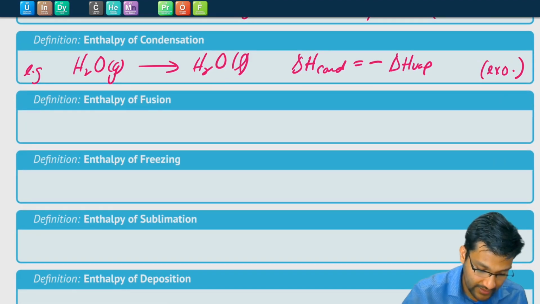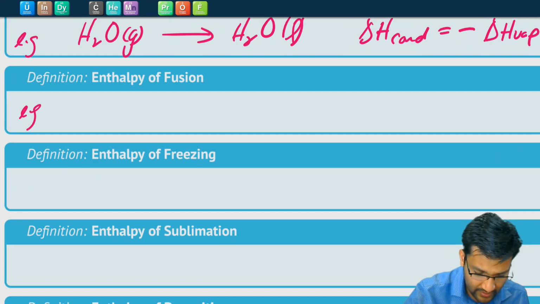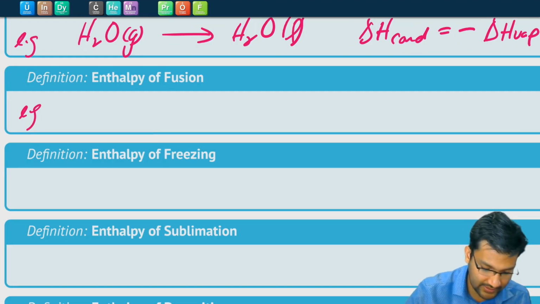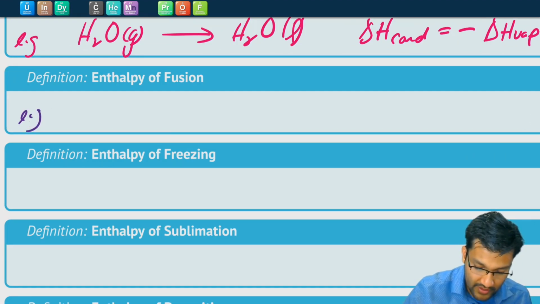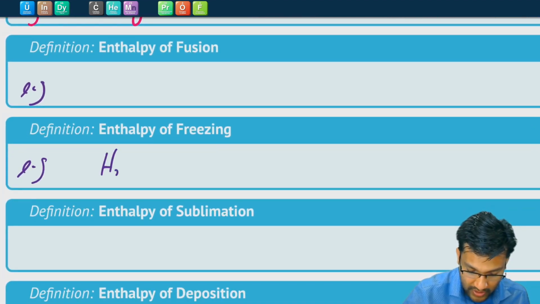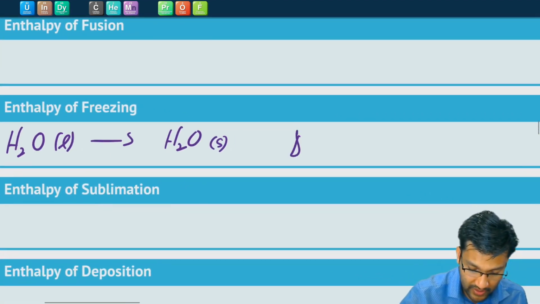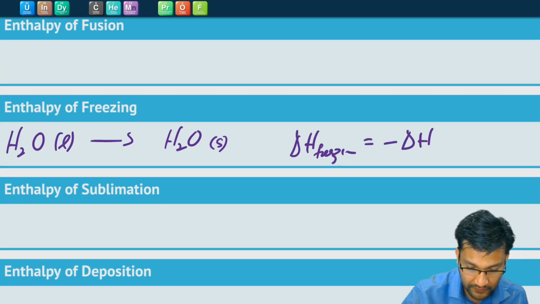Fusion, right? I'll give an example with water again. Let's use a different color, makes it nice to look at. So freezing and fusion are sort of the opposite. In freezing, you go from water in a liquid state to water in a solid state. And the enthalpy of freezing is just negative the enthalpy of fusion.